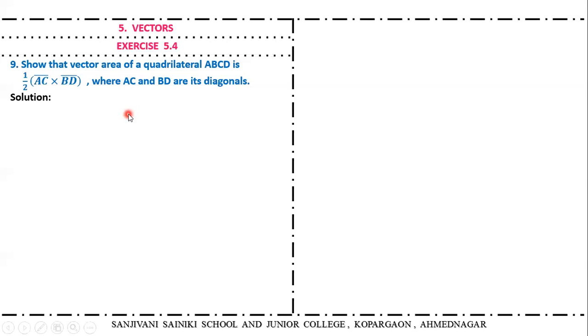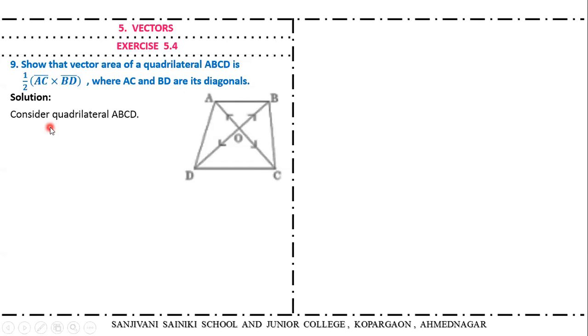Ninth example: show that the vector area of the quadrilateral ABCD is 1 by 2 times AC bar cross BD bar, where AC and BD are its diagonals. Consider the quadrilateral ABCD. AC is one diagonal and BD is another diagonal.